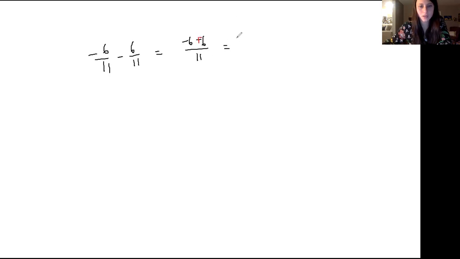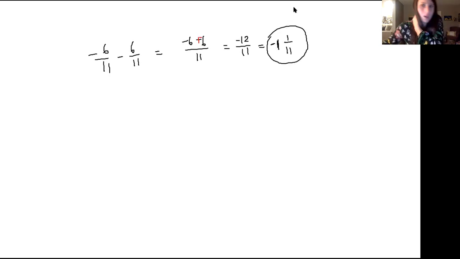Okay, so this becomes -12 over 11. Let me change that into a mixed number. I've got -1 and 1 over 11. So my answer is still negative, but I have a -1 whole and 1 out of 11 as my answer.